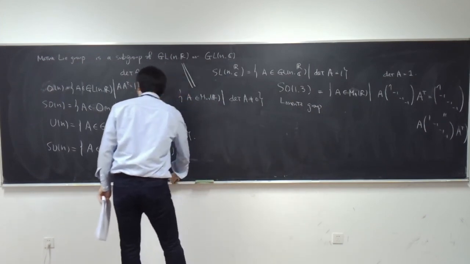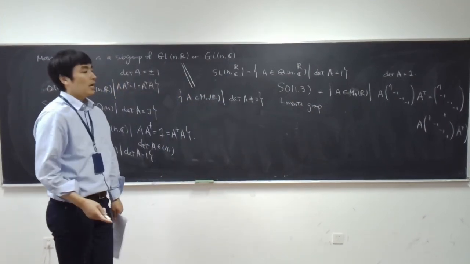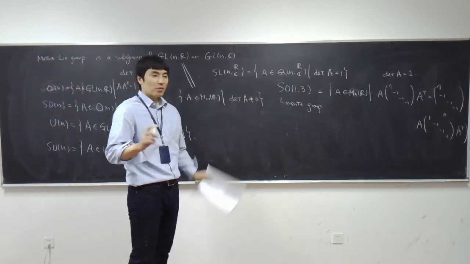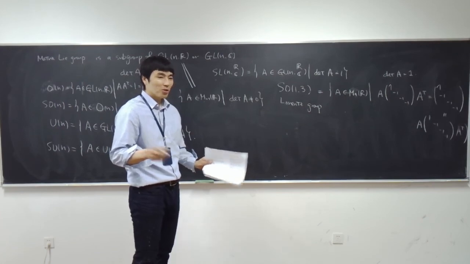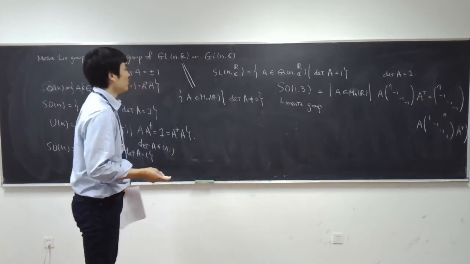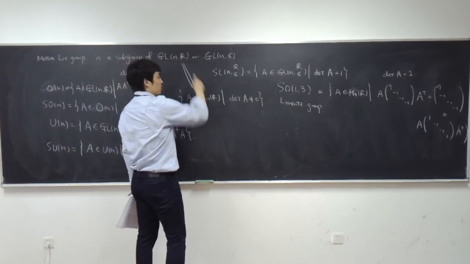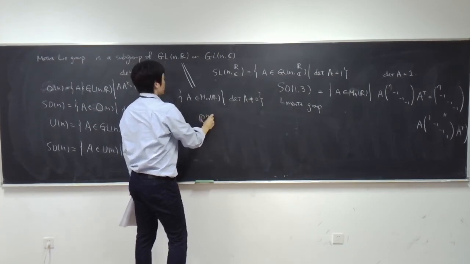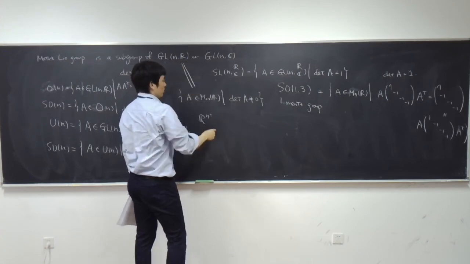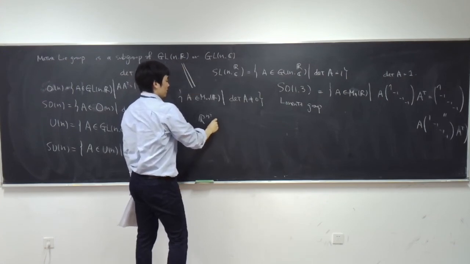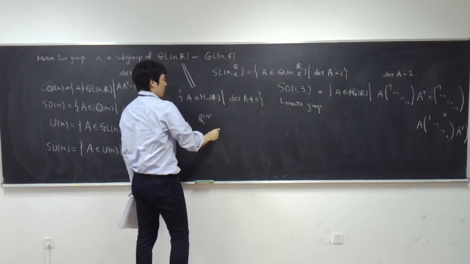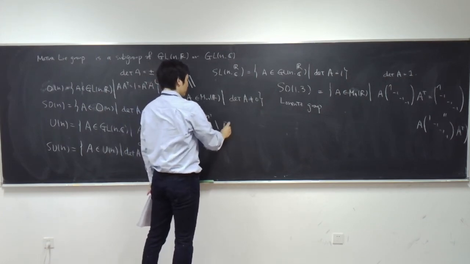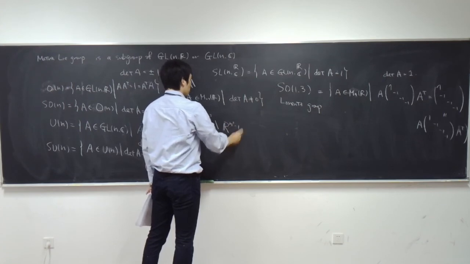So these can be understood as so-called manifolds. I hope most of you already know the definition of a manifold. The general linear group is essentially R to the n squared, taking the n squared elements and removing the locus where the determinant vanishes.